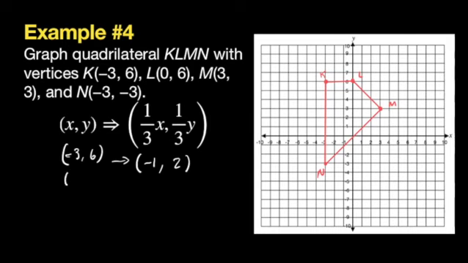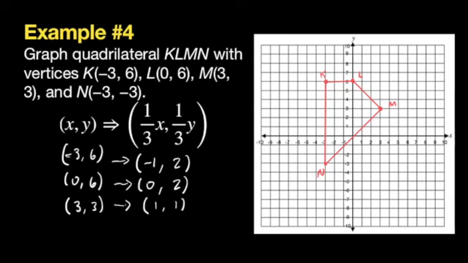The next one is 0 and 6. 0 divided by 3 gives you 0. 6 divided by 3 gives you 2 again. Then we get 3 and 3. We know that each one divided by 3 is going to give you 1. So our next coordinate is 1 and 1.